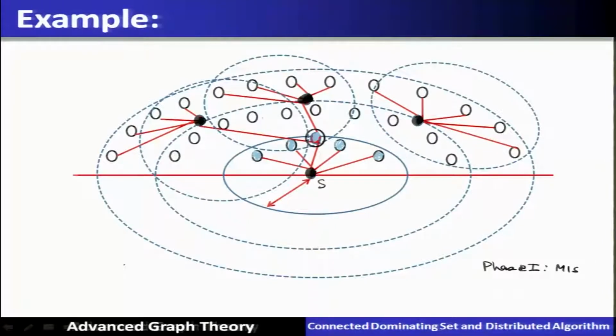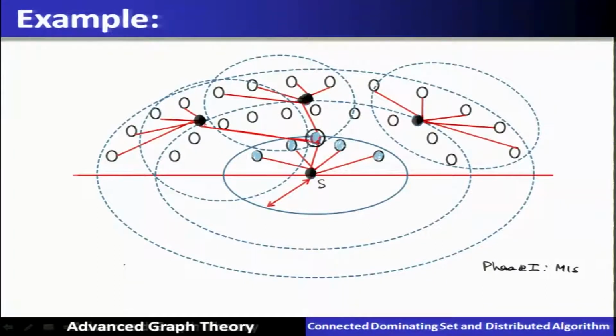So it will inform these black nodes using this particular message M. This black node will choose this gray node and send a parent message, so it will establish a link between them.